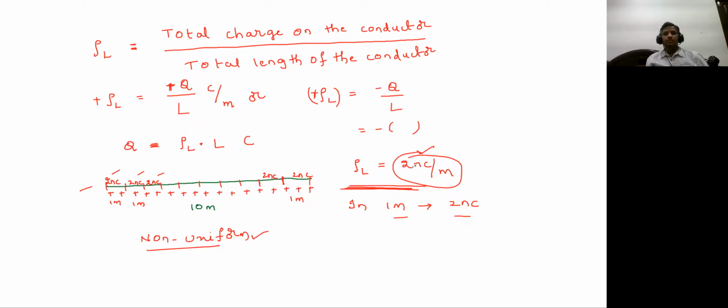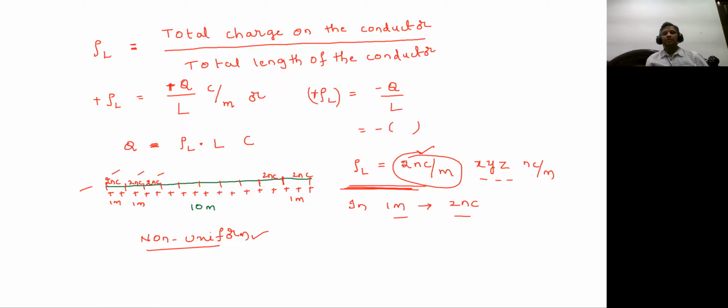So this rho L, if it is in the form of something like xyz nanocoulomb per meter, then as x, y, z at each and every point will be different, in a rectangular coordinate system. You can have this rho L in a cylindrical coordinate system also, or spherical coordinate system also, based on the value that is given.